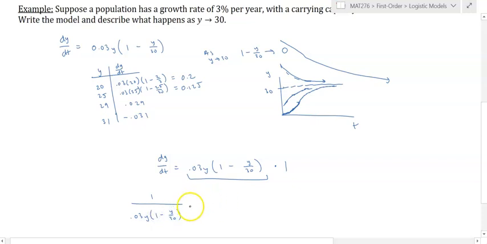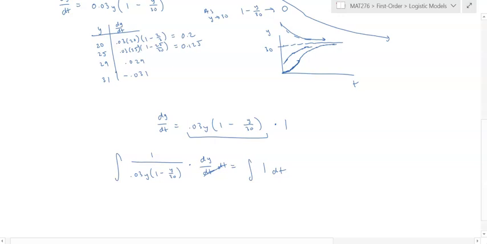If you were doing this using calculus techniques, this integral would require a partial fraction decomposition to split up the y and the 1 minus y over 30. And what we would end up with is actually this difference of logs. If you did this by hand, you may end up writing this as 1 minus y over 30.